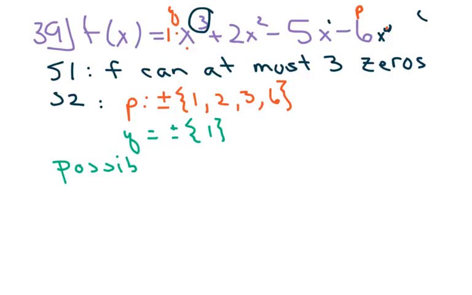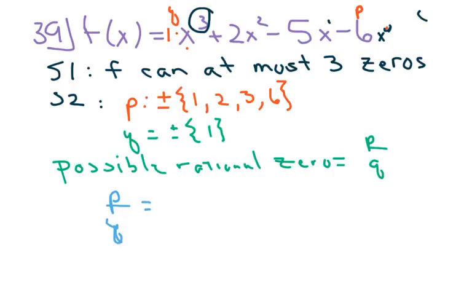Now your possible rational zeros are p over q. So what we do is we take our p's and q's and divide. So p divided by q equals plus or minus, and basically it's the same as our p. 1 divided by 1 is 1, 2 divided by 1 is 2.